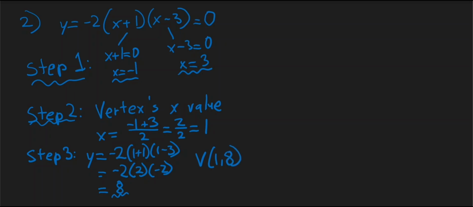All right, now once we have the vertex and the two x-intercepts, that would be enough for us to graph our parabola. So let's graph everything on a coordinate plane. We know that 1, 8 would be where the vertex is located. So that's 1, and that's 1, 2, 3, 4, 5, 6, 7, 8, which is right there.